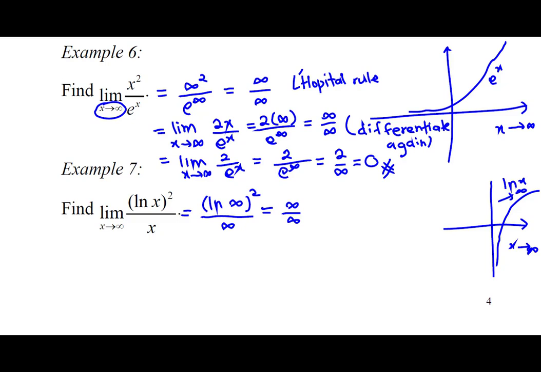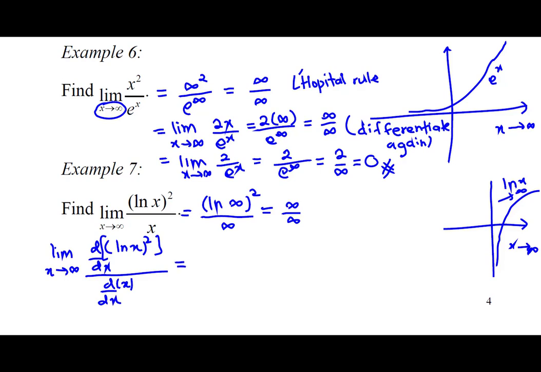So now we differentiate (ln x) squared. Take the limit as x goes to infinity of the derivative of (ln x) squared with respect to x, divided by the derivative of x with respect to x.